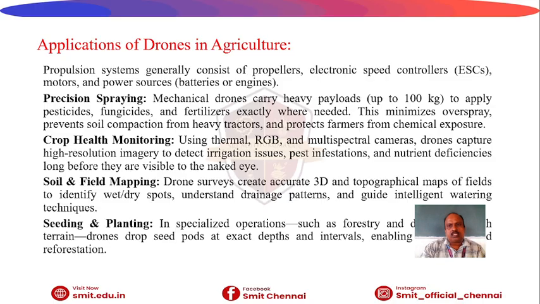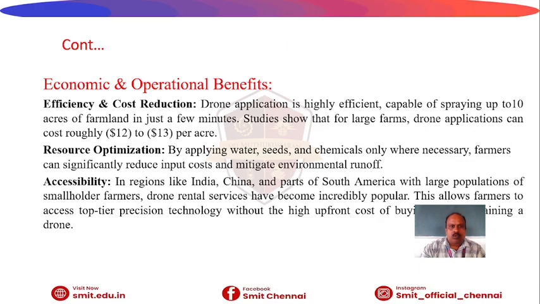Applications of drones in agriculture, which we already discussed, include precision spraying, crop health monitoring, soil and field mapping, and seeding and planting. Here the propulsion system generally consists of propellers, electronic speed controllers, and power sources. Economic and operational benefits include resource optimization and accessibility, as well as efficiency and cost reduction.